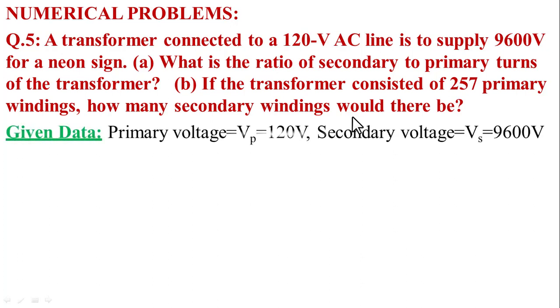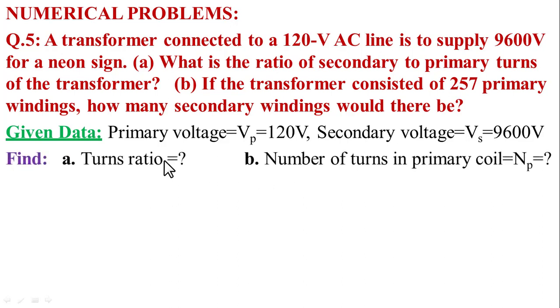So, first of all, write the given data according to the statement. Primary voltage Vp is equal to 120 volt and secondary voltage Vs is equal to 9600 volt. So we can find in part A the turn ratio and in part B the secondary coil turns. In A, the turn ratio Ns over Np we can calculate.